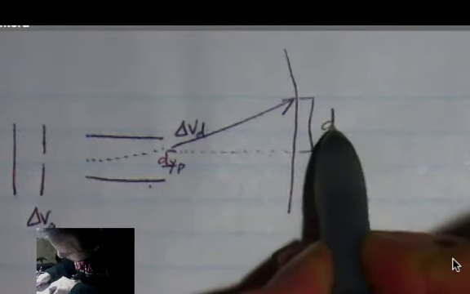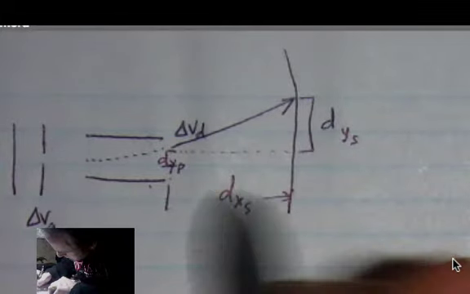That there is the dyp that we've just been talking about for the last little while. And outside of the plates, we have a deflection which is measured from right here. From there to there is my deflection in the y on the screen. I have my distance from here to the screen as my dx to the screen.